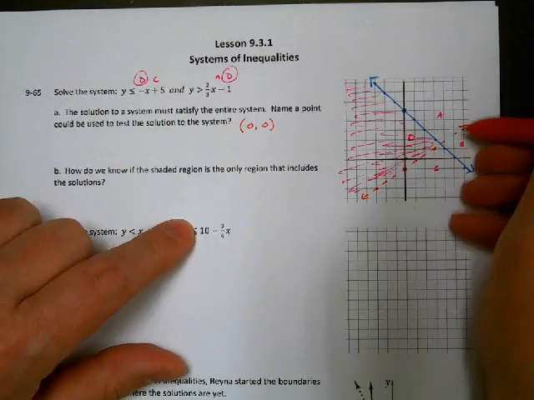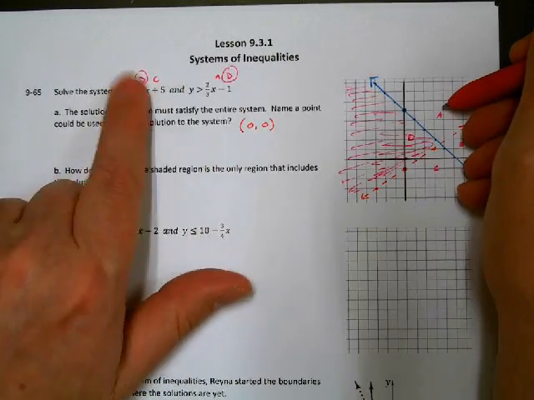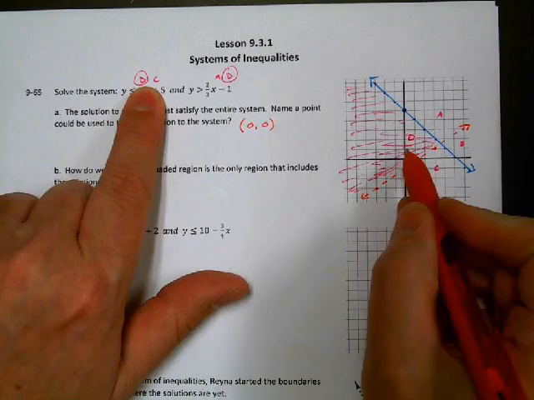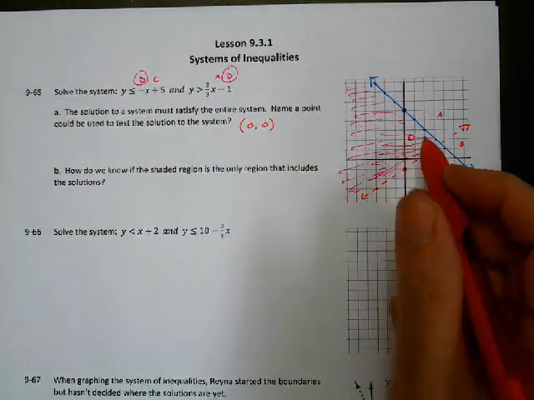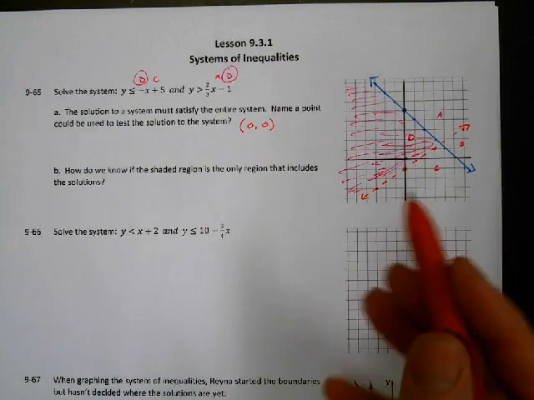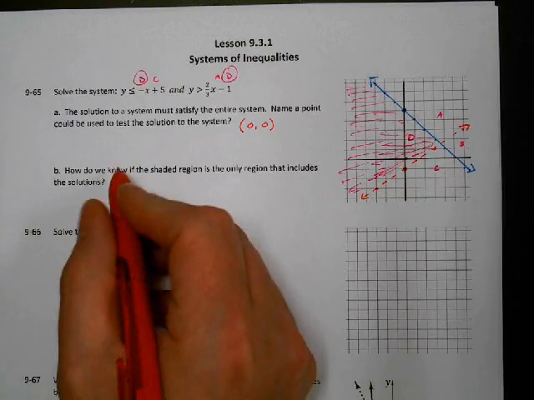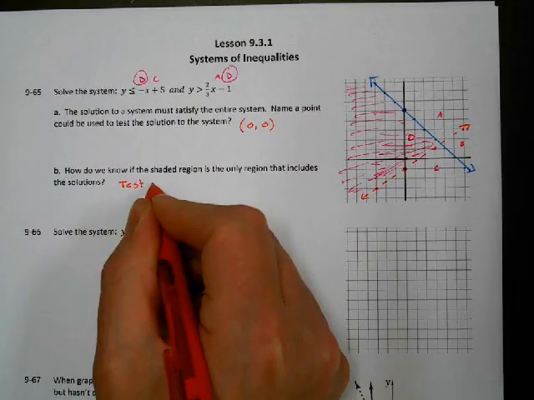If I chose region A, it would only work for this one, but not this one. D is the only region that works for both of them. So our systems have to work for both of them. So how do we know that it only includes that region? We could test points in the other regions, in the other 3 regions.